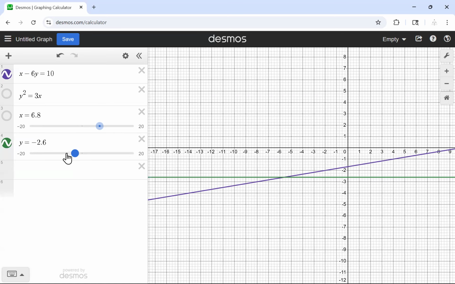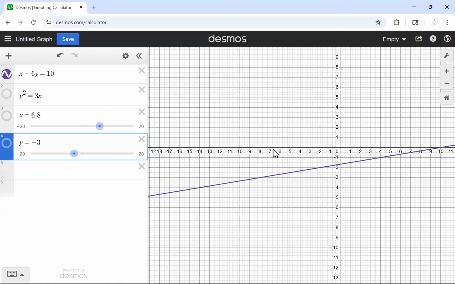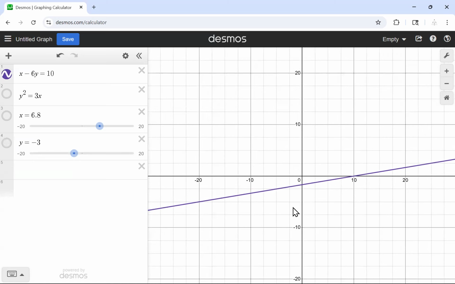And you can see that every time you move a horizontal line, it also passes through at one particular point. So x minus 6y equals 10 represents the graph of a function, and in particular, the graph of a one-to-one function.